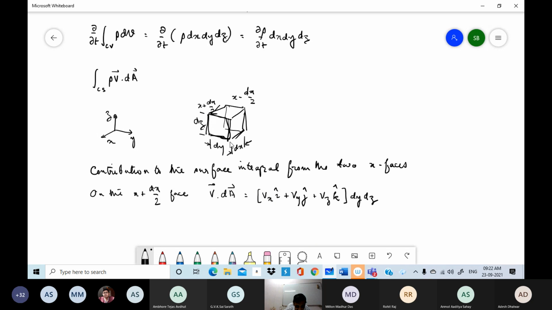So this face has area dy into dz, and the normal vector is in the x direction. So the vector dA is this.